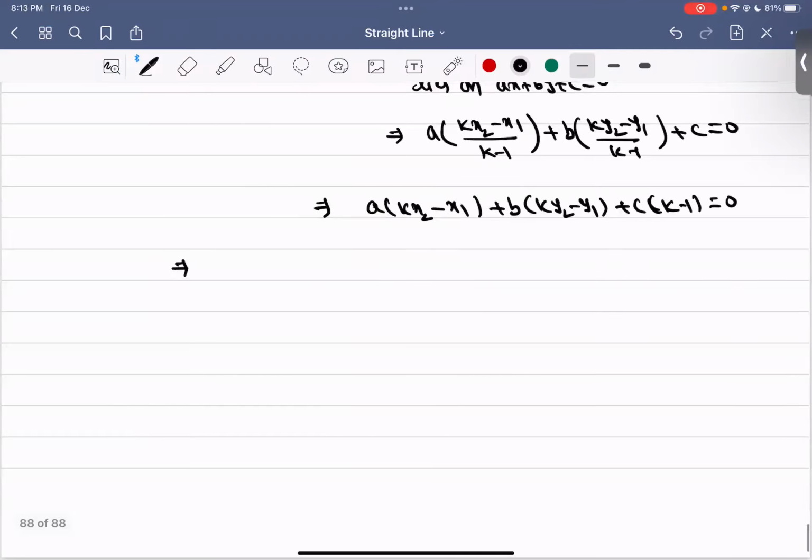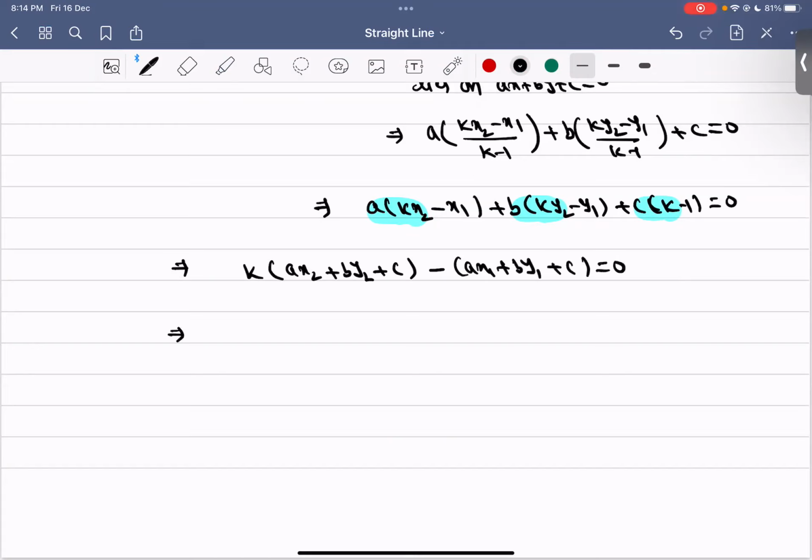Now rearrange the terms. From these three terms, take k common. Then what can you write? This is equal to k into (a x2 plus b y2 plus c), minus the remaining terms, minus of (a x1 plus b y1 plus c) is equal to 0.